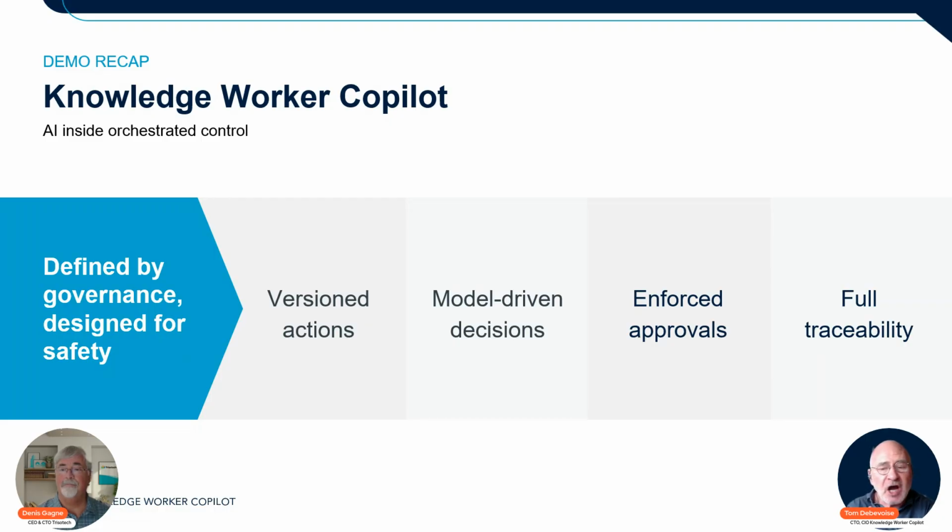Those actions are not just a series or a chain of large language model prompts. The prompts are inside of the process model nodes, and they're managed and versioned within the overall process. So that architecture, which we're going to go into depth on, provides and assures full traceability. Next.